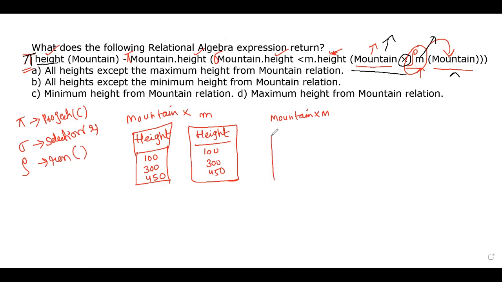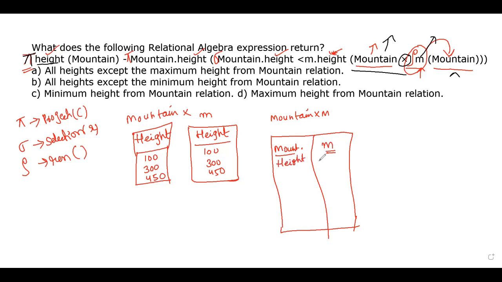I am going to take the first table and the second table here. The first table name is mountain, the second table name is M. So I'm going to take mountain height and M height.